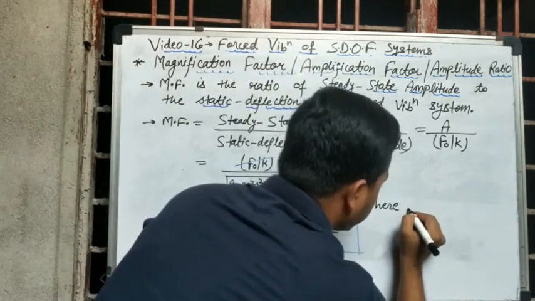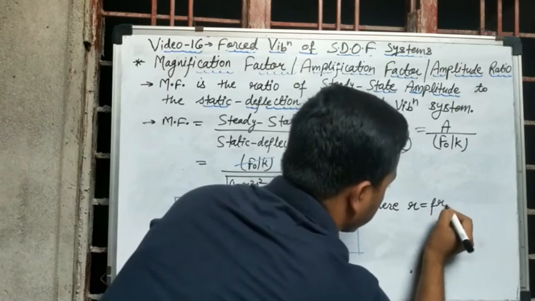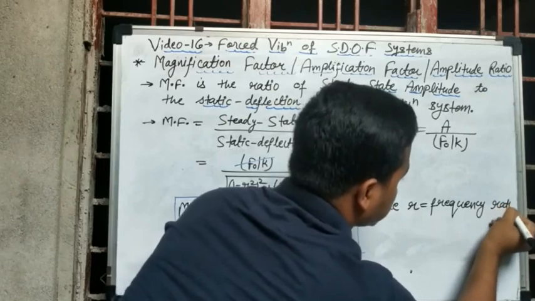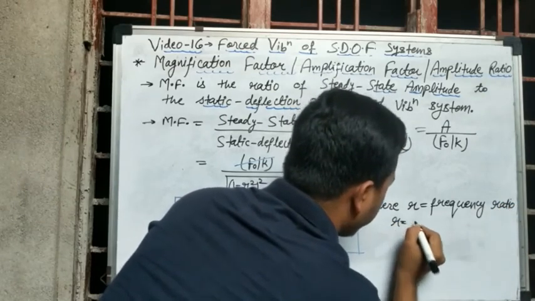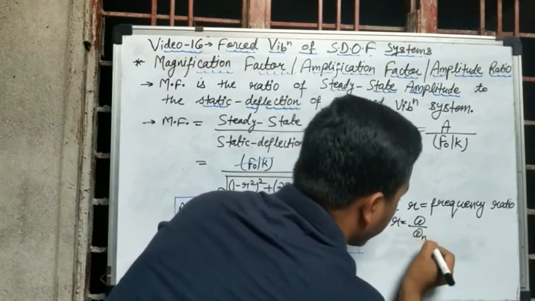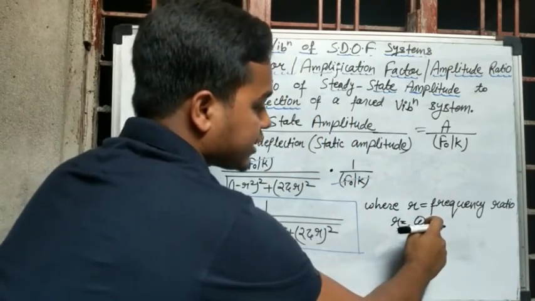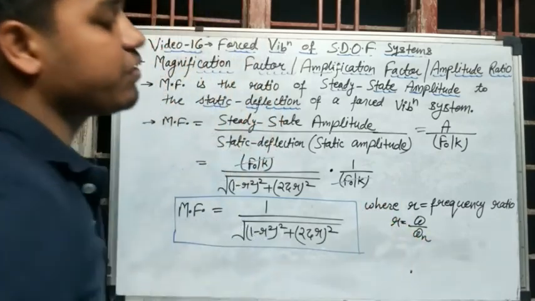this r is the frequency ratio. r is the frequency ratio, and the formula for r is omega by omega n: the frequency of the harmonic excitation force divided by the natural frequency of the system.